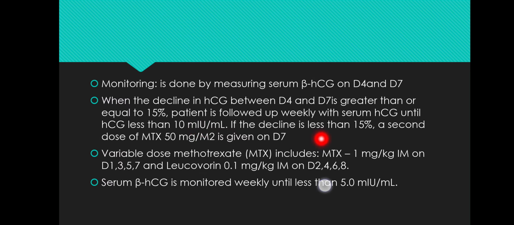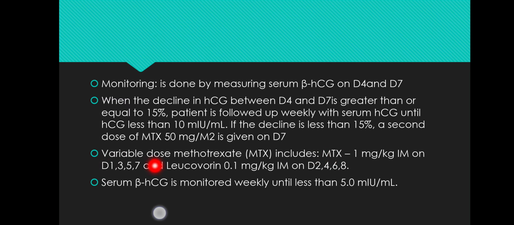Now, if the decline is less than 15%, again, a second dose of methotrexate, 50 milligrams, is given on day 7. Then variable doses of methotrexate, which may include 1 milligram IM on day 1, 3, 5, and 7, and leucovorin 0.1 milligrams per kg IM on day 2, day 4, day 6, and day 8.